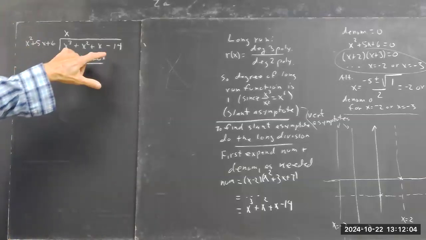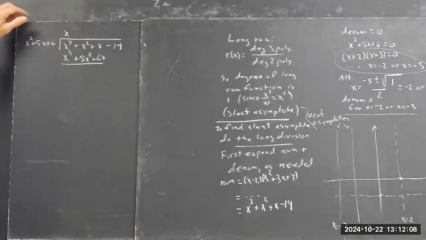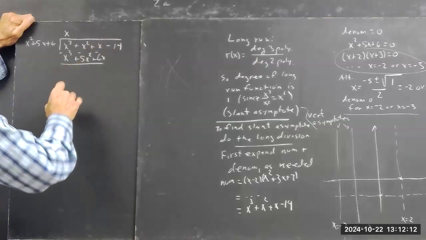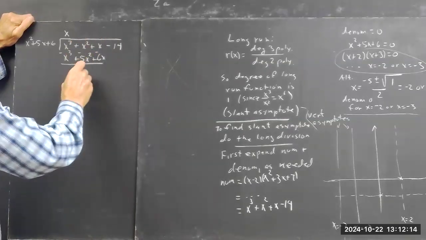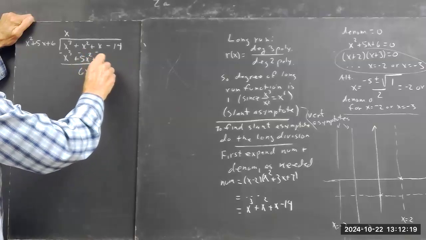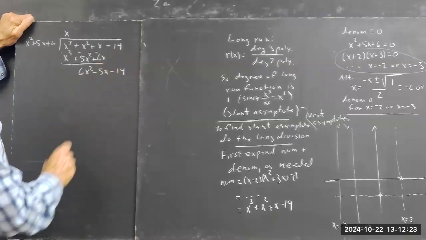So we've got this much of our dividend if we just have an x here. Well, let's subtract that off and see how much more we need. Well, this is going to give us 6x squared minus 5x. We'll put the minus 14 there.